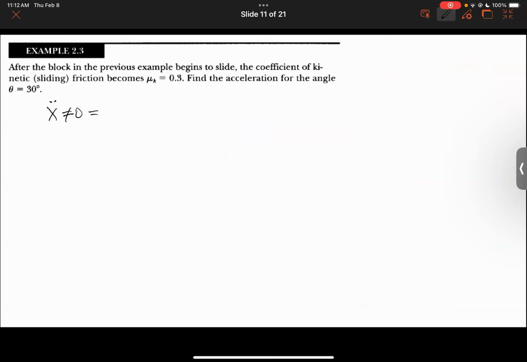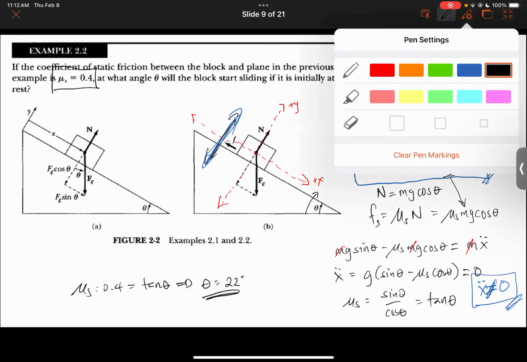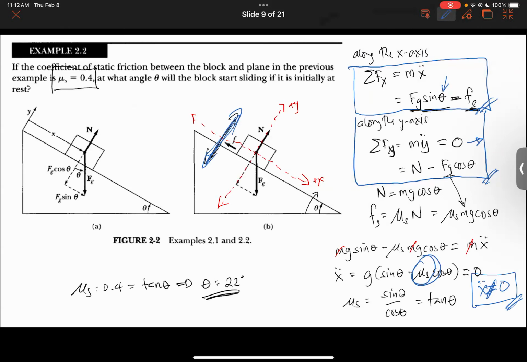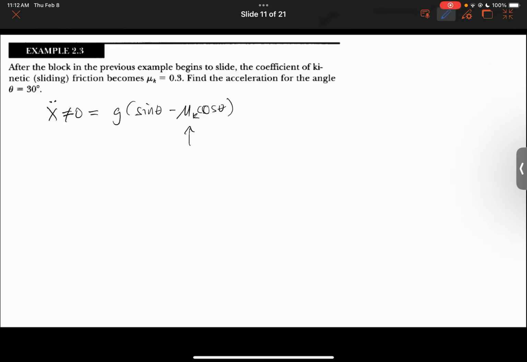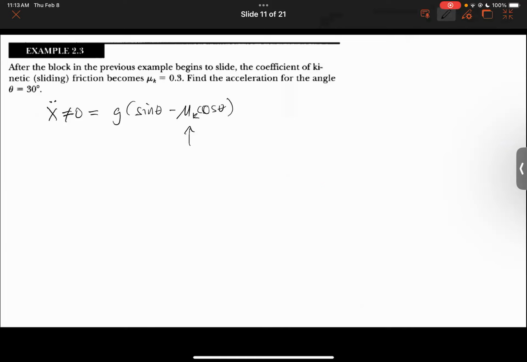It is equal to, if you recall, g times sine theta minus mu sub k cosine theta. Pinalitan natin yung mu sub s before ng mu sub k, kasi dito sa problem na ito nagsa-slide na siya, kaya yung frictional force na na-experience niya is kinetic frictional force.